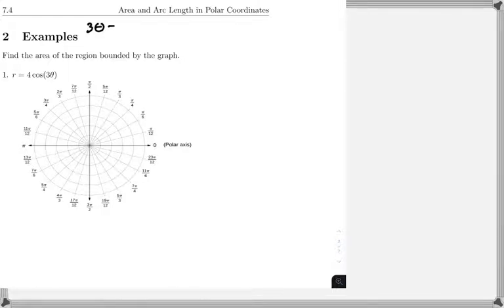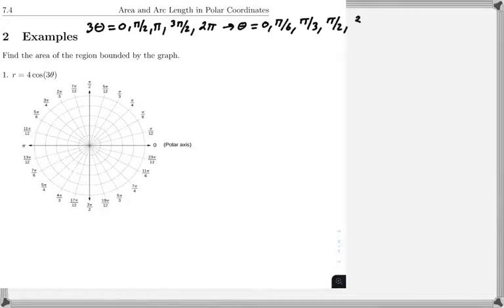So the argument here is 3 theta. So we want 3 theta to equal 0, pi over 2, pi, 3 pi over 2, and 2 pi. If we divide all of those by 3, then theta will be equal to 0, pi over 6, pi over 3, pi over 2, and 2 pi over 3, and we're increasing by pi over 6.